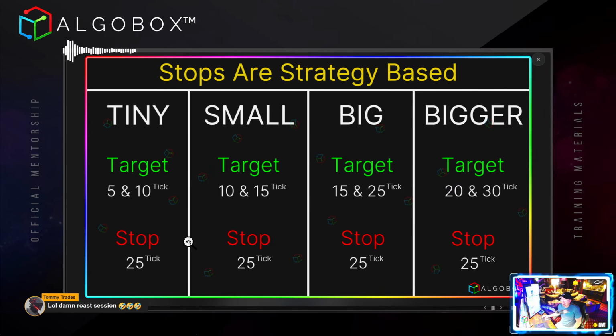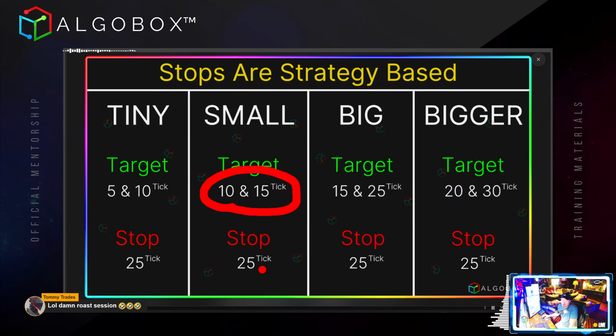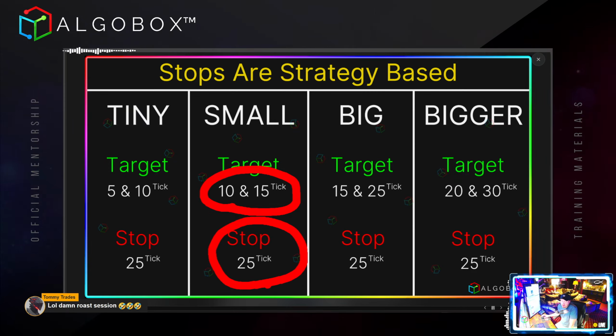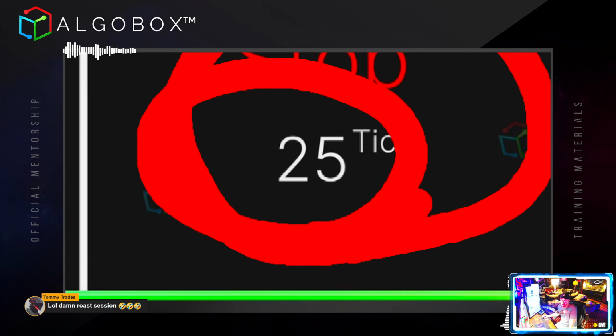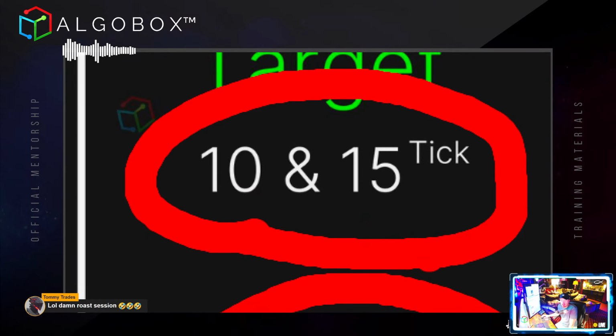Okay. 25 tick stops across the board, because it is a combination of 10 and 15, right? I know that if I can get a 10 and a 15, I'm good. I can do a 10 and 15 pretty much with ease in one fell swoop. So my 25 tick stop, I keep that in mind, because it's literally 10 plus 15.